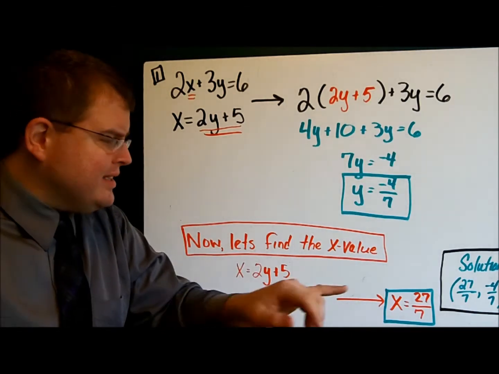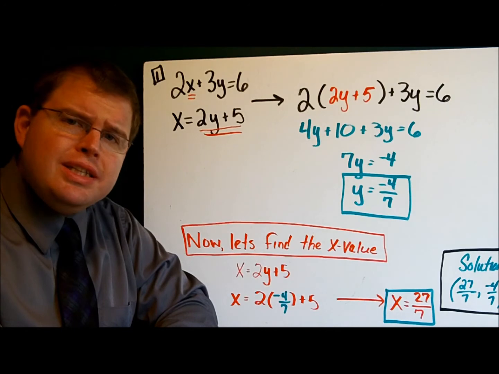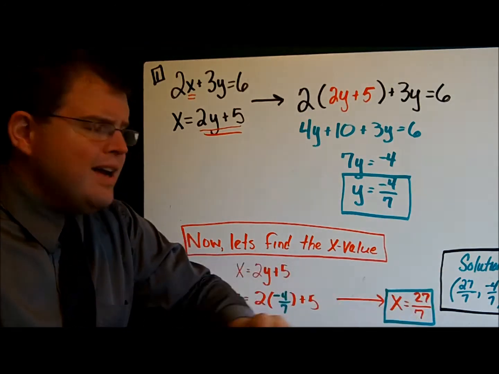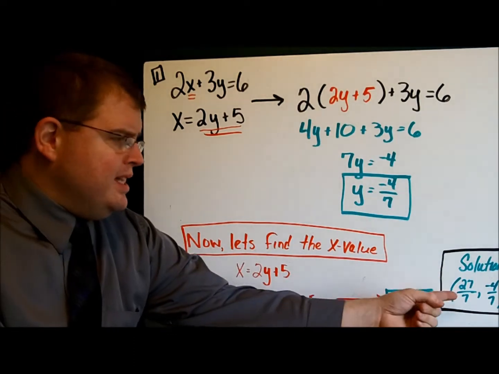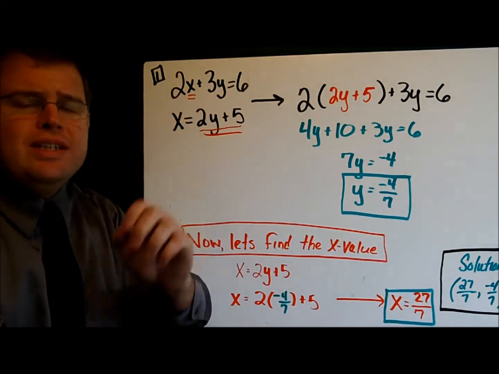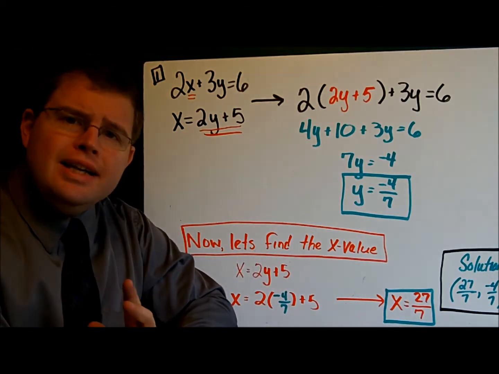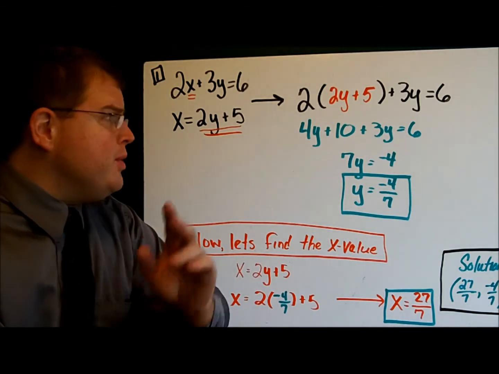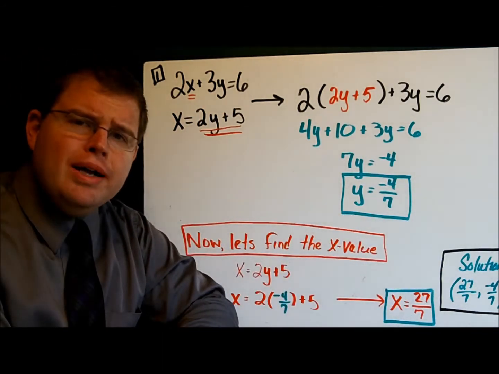That means x is 27 over 7. So the solution to this system is 27 over 7 and negative 4 over 7. Put this number in for x and that number in for y into both of these equations, and they will both be true. It's also interesting to point out that if you were to graph these two lines, they would intersect at those points on the graph.